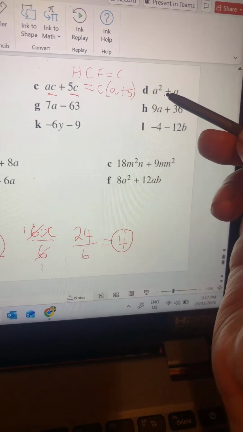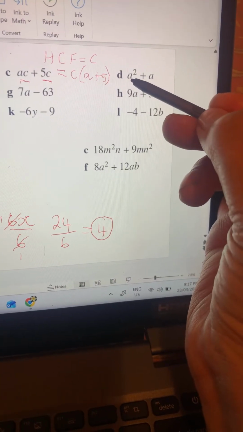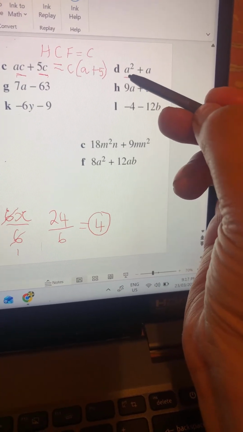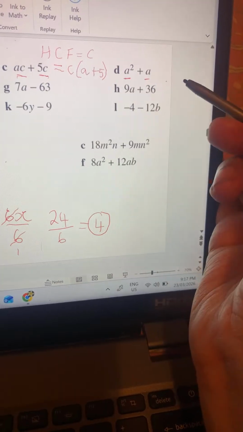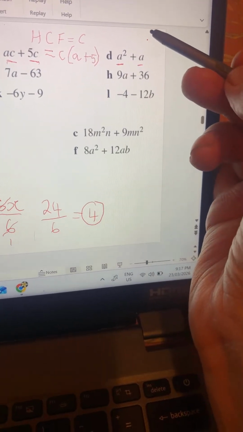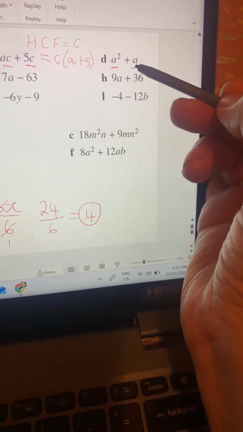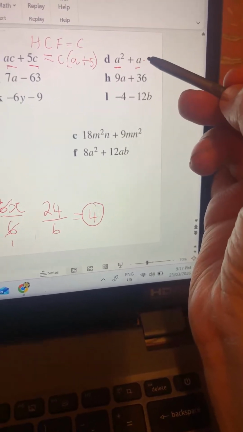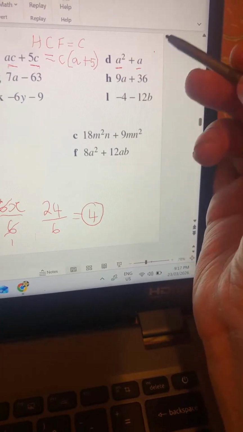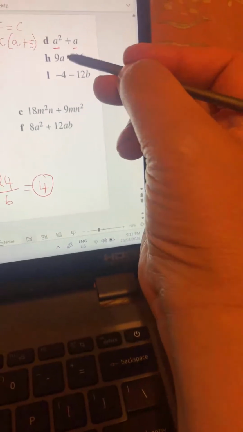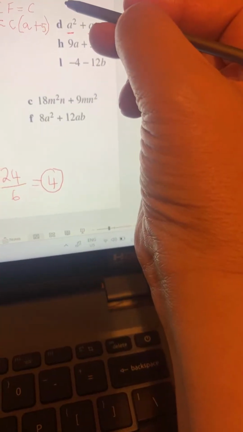Okay. Now if you look at D, question D, part D, we've got A squared and we've got A here. So again, the highest common factor happens to be a letter. Okay, the letter A will be the highest common factor. There's no other letter except for A. So let's try that up here.